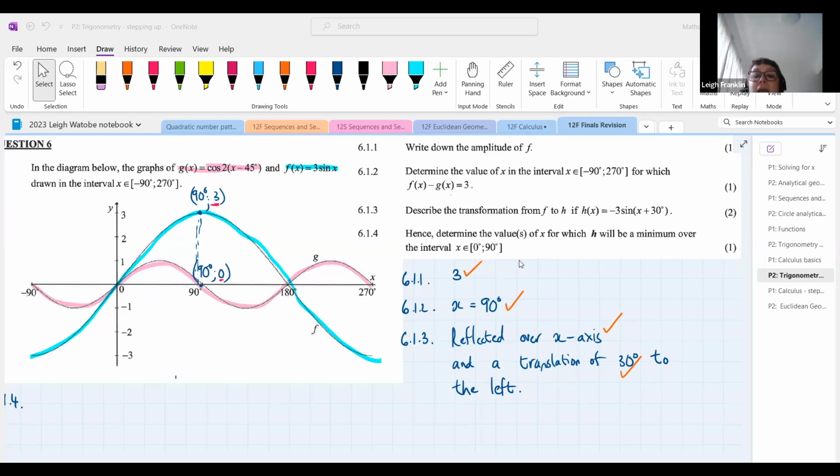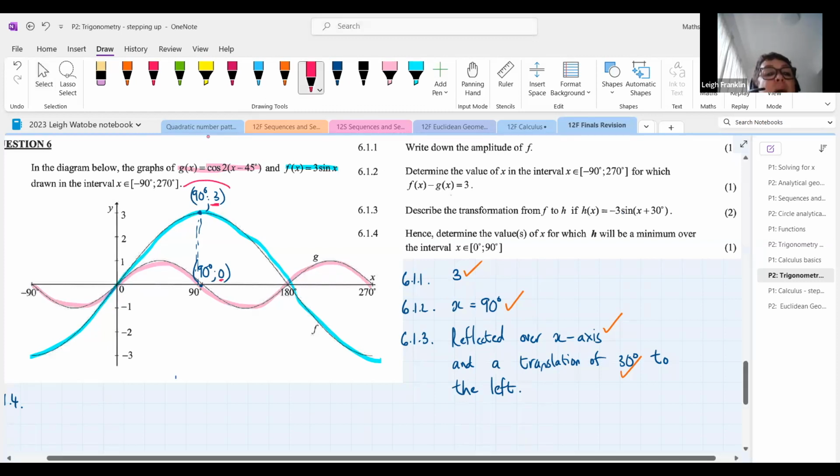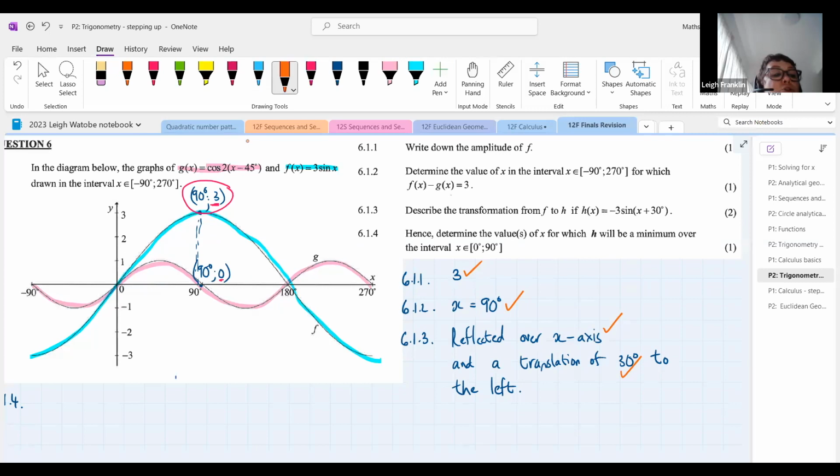If we consider what this graph is going to look like, it's like the blue graph, except it has been reflected over the x-axis and shifted 30 degrees to the left-hand side. So what was our maximum point would now be our minimum. Can you imagine if the blue line was reflected over the x-axis?